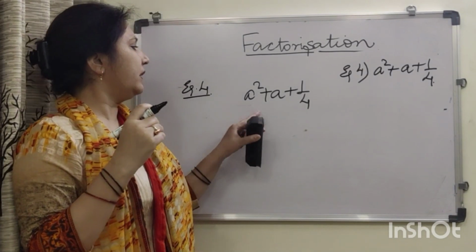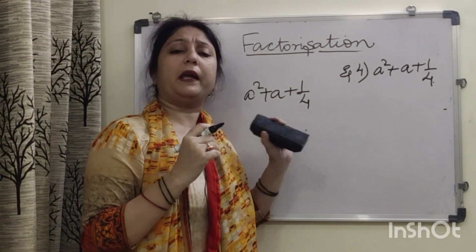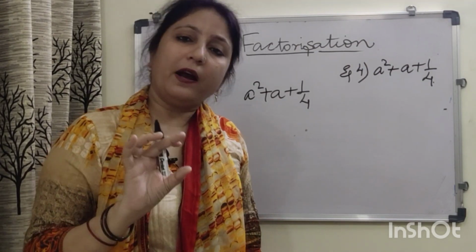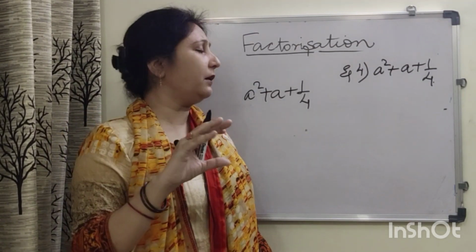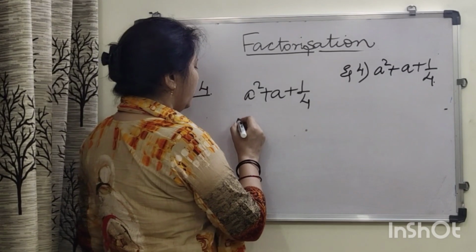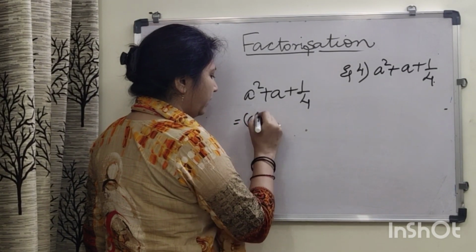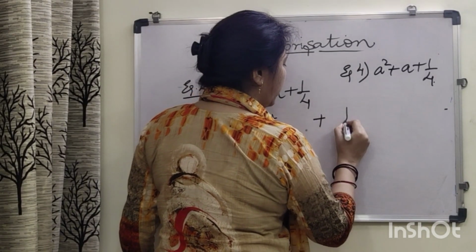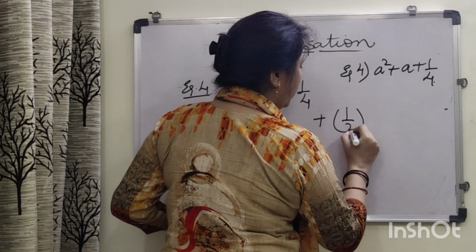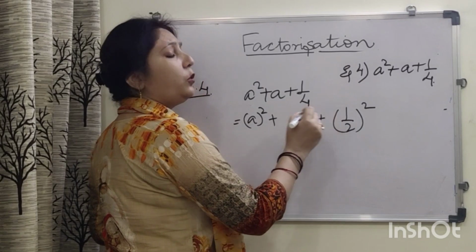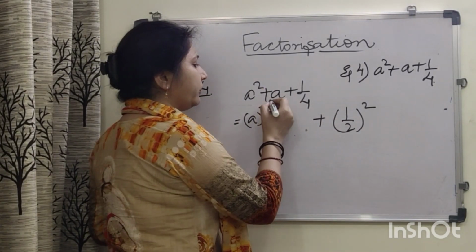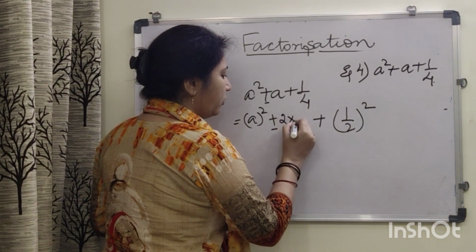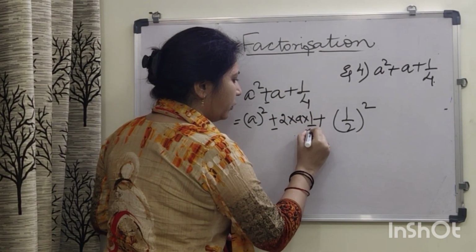Now the another one that I have taken for you, a square plus a plus 1 by 4. Again, you have to look for two whole square terms as you are every time doing. So it is a whole square. Leave the midterm as it is. 1 by 4 is the square of 1 by 2. Now let's write the 2ab term on our own, because this sign is positive, so we have kept it positive. 2 into a into 1 by 2.